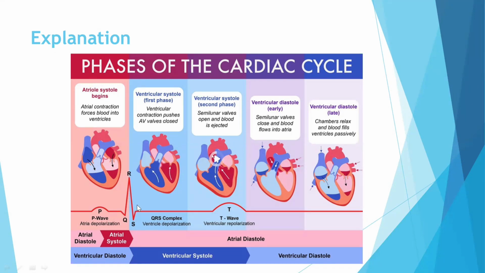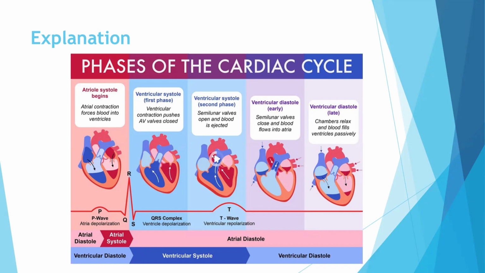And the PR interval means the ventricular diastole, right? So in our patient, the PR interval is increased. It means the patient has increased ventricular diastole, or the patient also has a diastolic rumble, which means the diastolic phase of the cardiac cycle is affected in our patient.